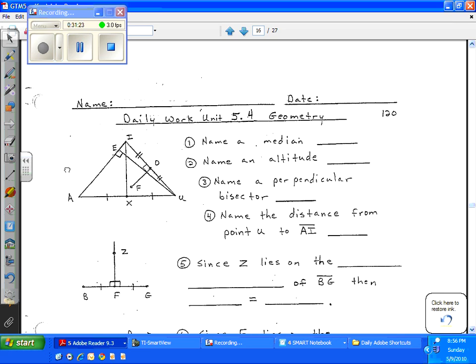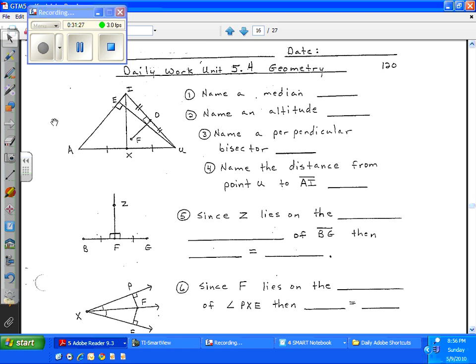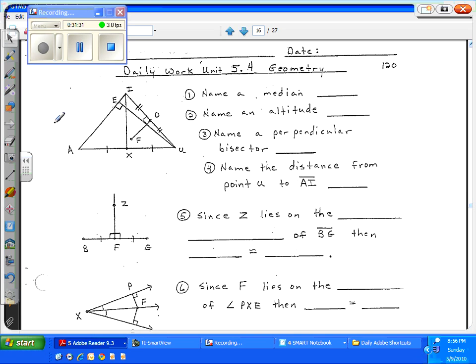Let's look at daily work 5.4. It says name a median. A median is a segment from a vertex to something. Well, there's not one there. A segment from a vertex to the midpoint. That's not a midpoint.